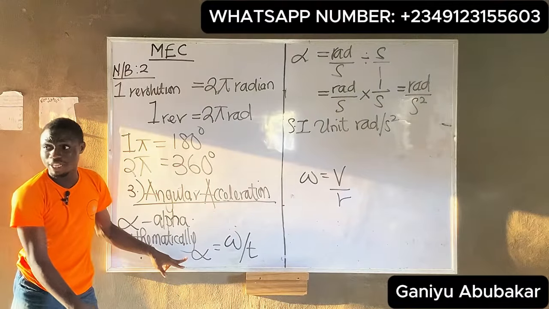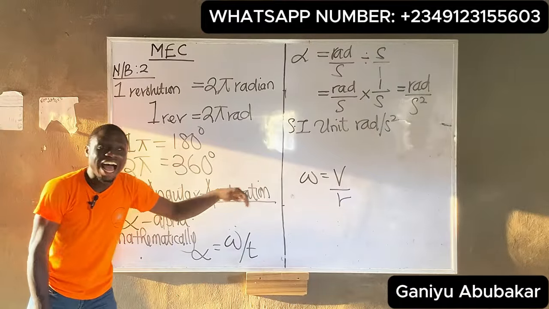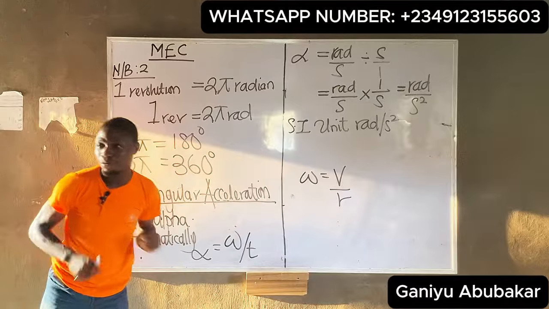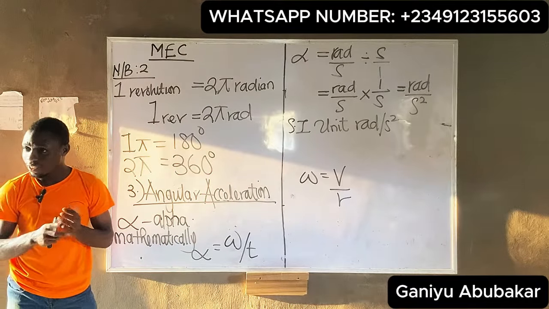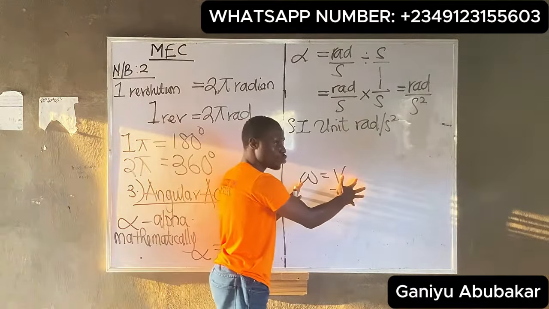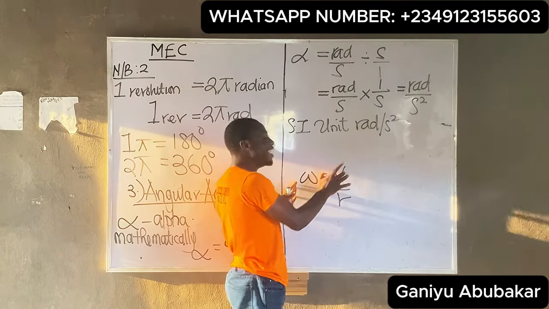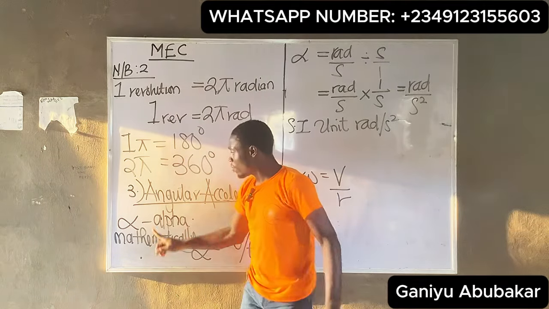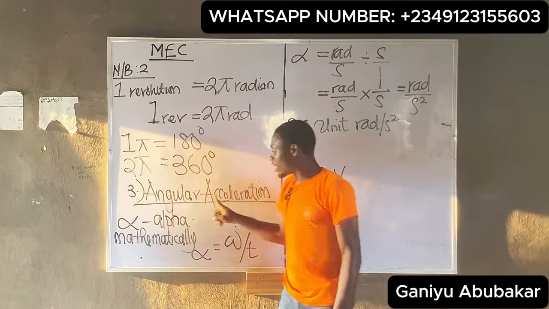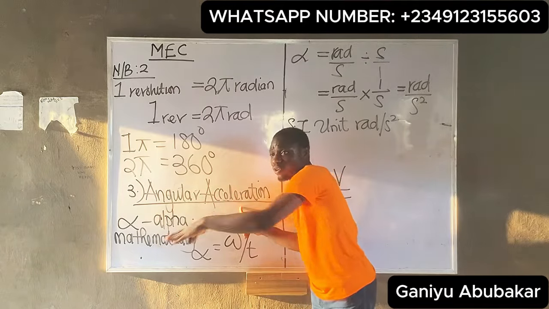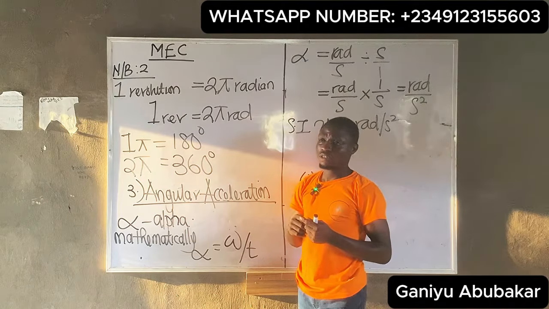Angular acceleration is equal to linear acceleration over r. The one I gave you for number 2 was omega equals linear velocity over r. So because of that, angular acceleration is linear acceleration over r. Are we good now?